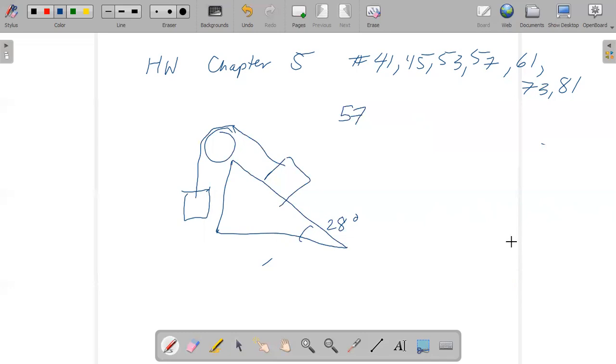The mass of block 2 is 8 kgs. This is 8 kgs. And the coefficient of kinetic friction between block 2 and the incline is 0.22. Block 2 slides down the incline at constant speed. What is the mass of block 1?